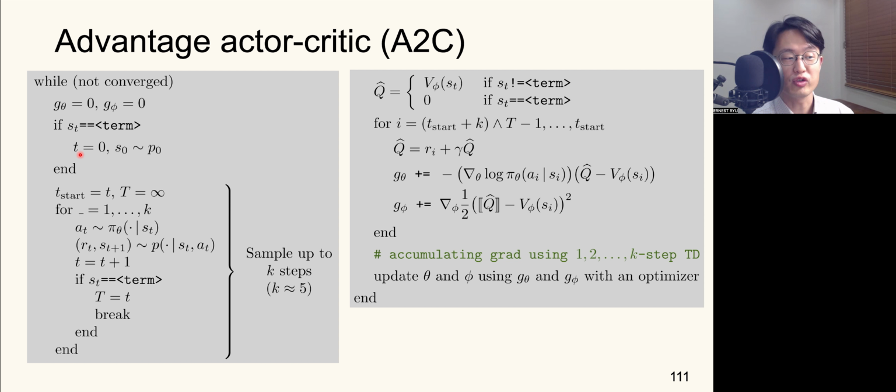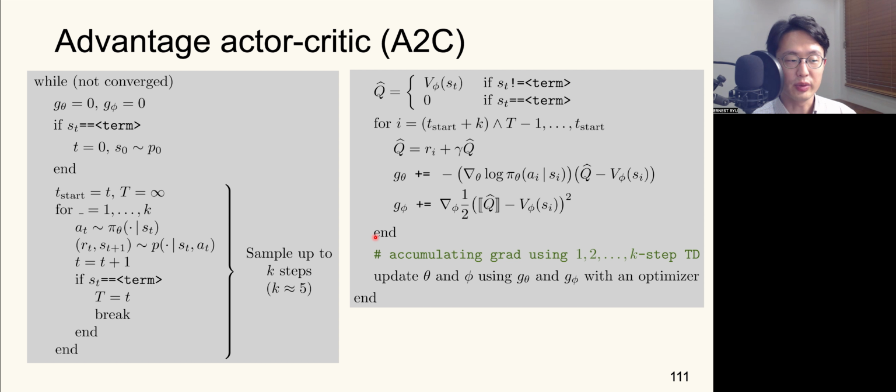So we start a new trajectory, and we sample the initial state from the initial distribution P0. Then we sample up to k transitions. We need to deal with the case where we transition to a terminal state before completing k steps. That can happen, and if it does, we need to handle it. But aside from that, the logic is we're just going to sample k steps.